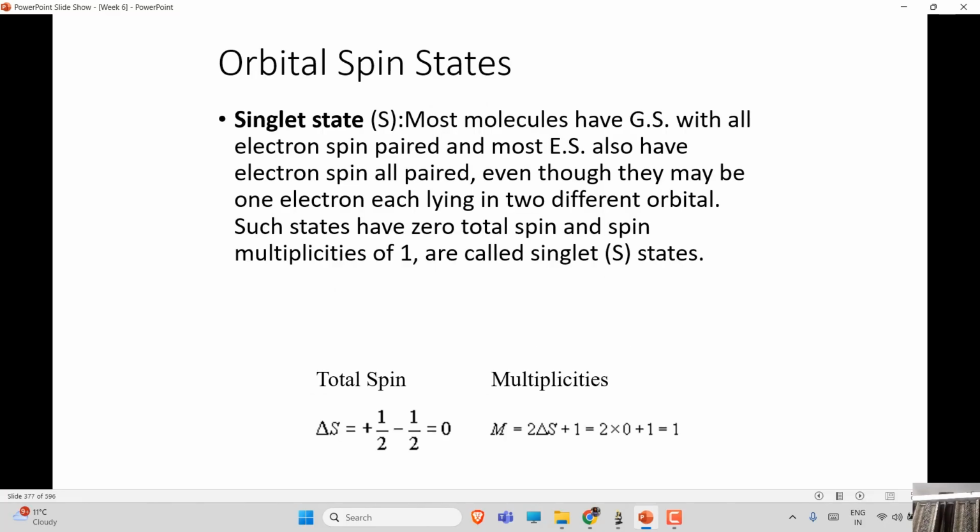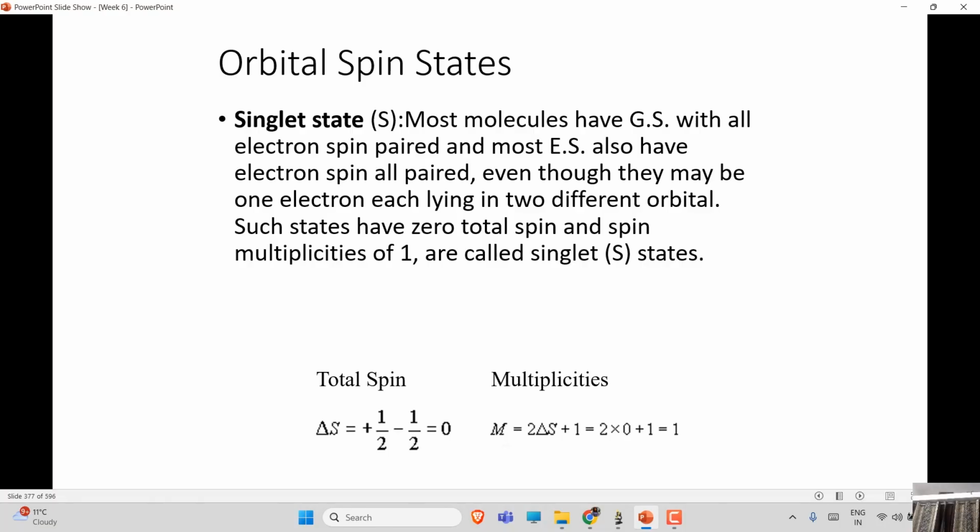Now, namely the orbital spin states. Singlet state: most molecules have a ground state with all electrons spin paired, and most excited states also have electron spins all paired, even though there may be one electron each lying in two different orbitals.